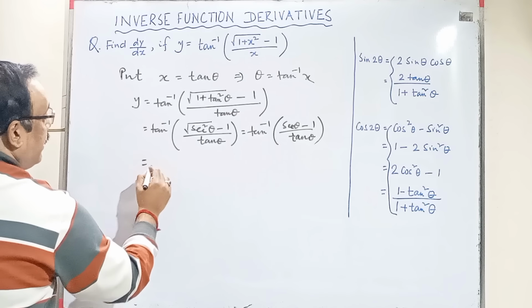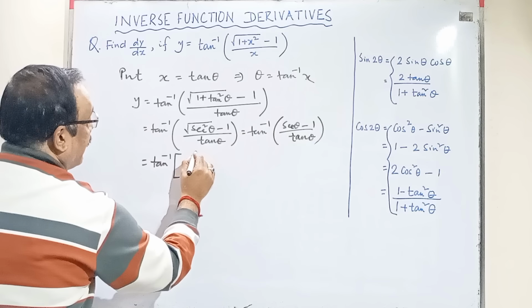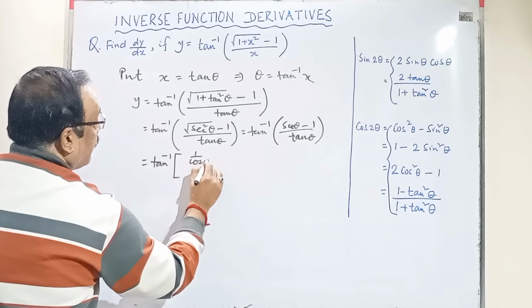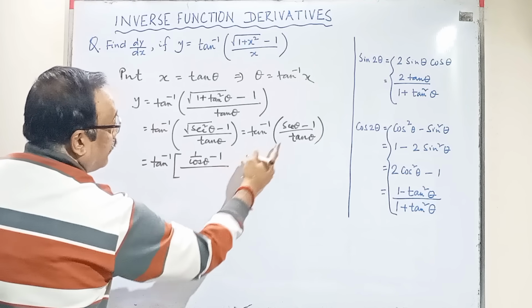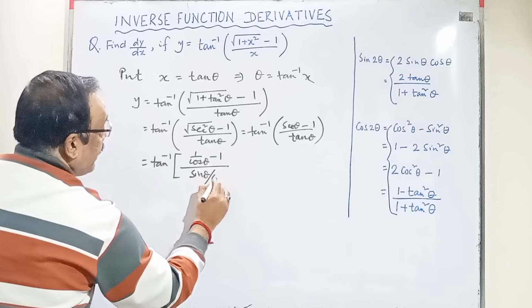So tan inverse, sec theta is 1 by cos theta, minus 1. Tan theta is sin theta by cos theta.